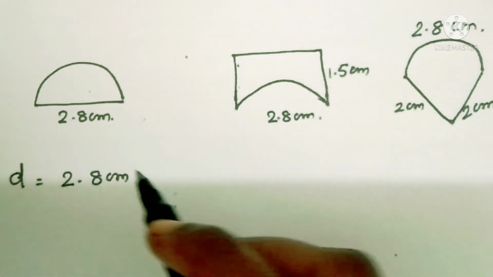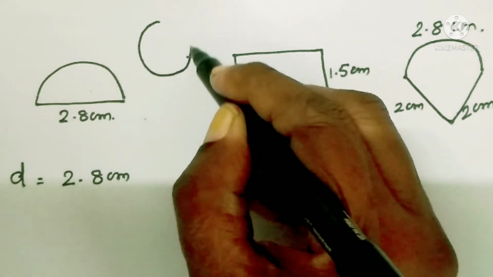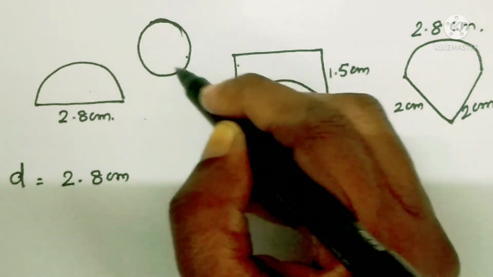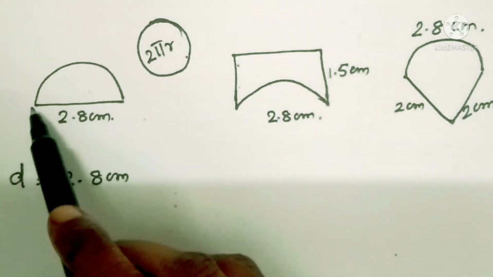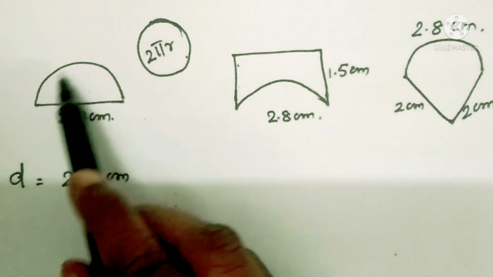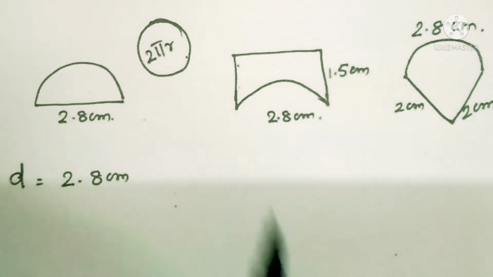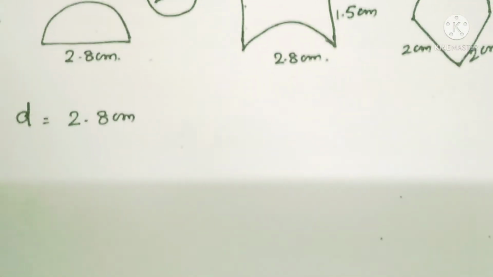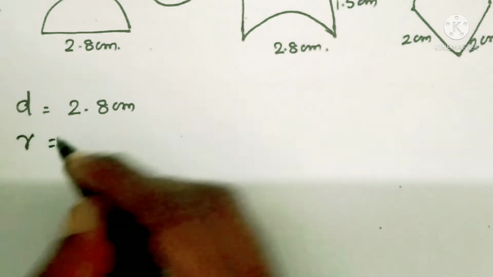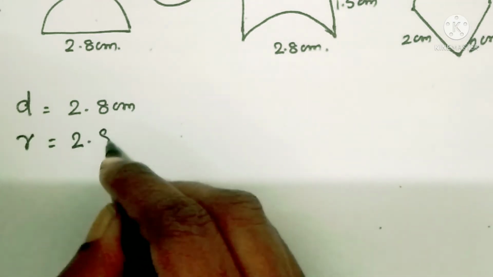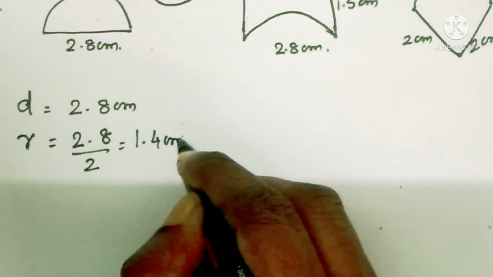If you have a full circle, to find this distance we use the formula 2 pi r. But here there is a semicircle, half of the circle, and the diameter is given as 2.8 centimeter. So if the diameter is 2.8, the radius is 2.8 upon 2, that is 1.4 centimeter.